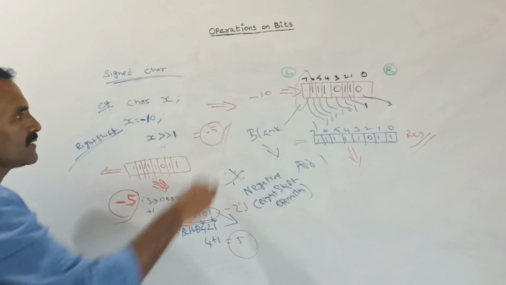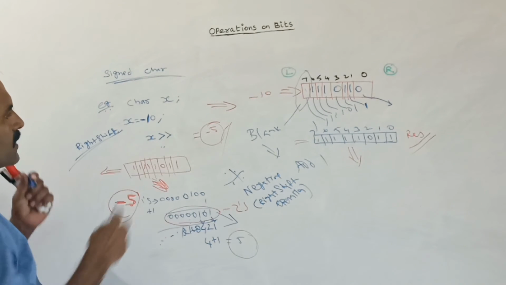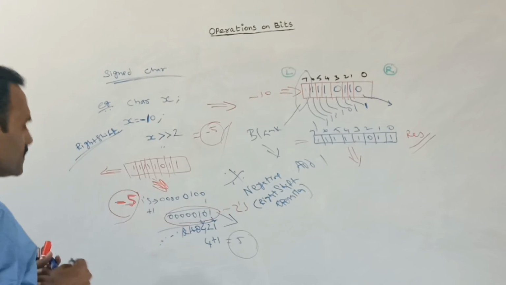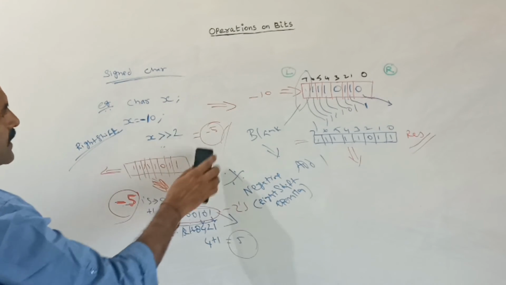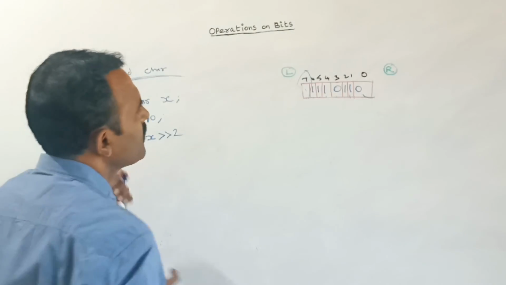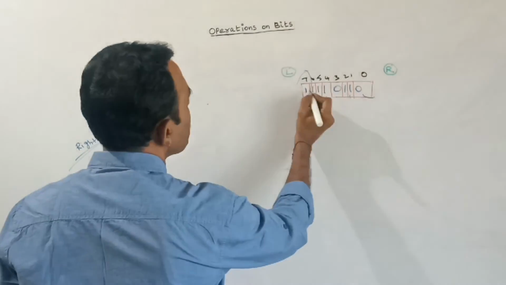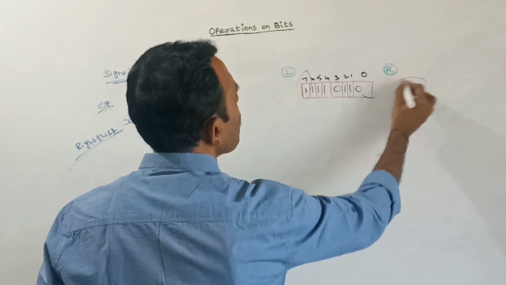Suppose you are right shifting by 2, let us see another example. If you are right shifting by 2, for x equal to minus 10, this is the binary value of minus 10.